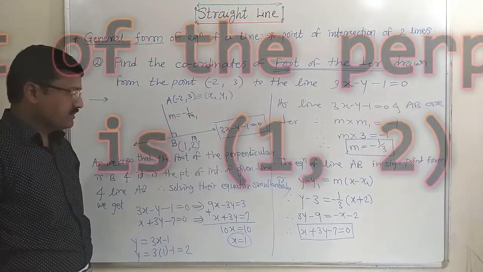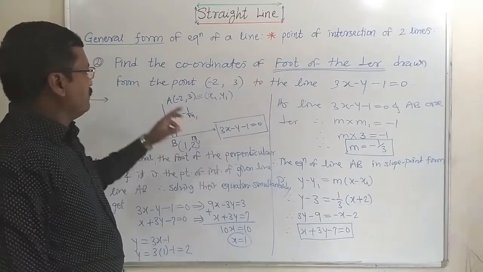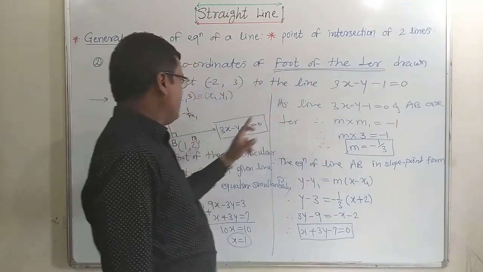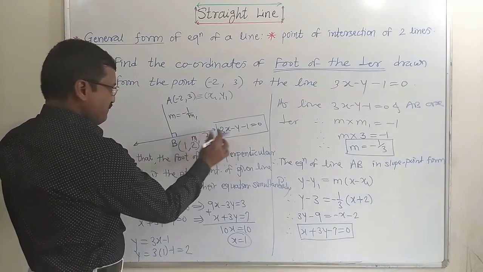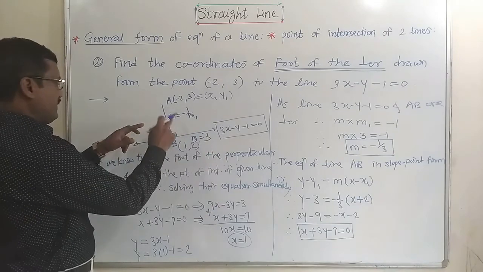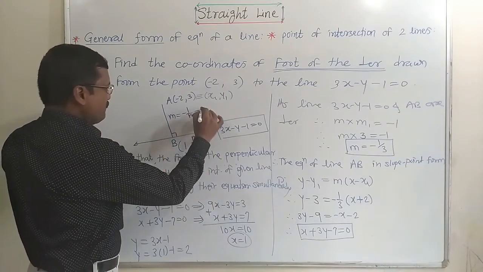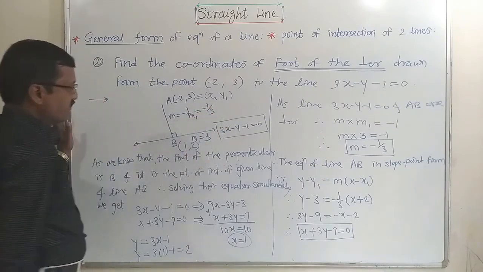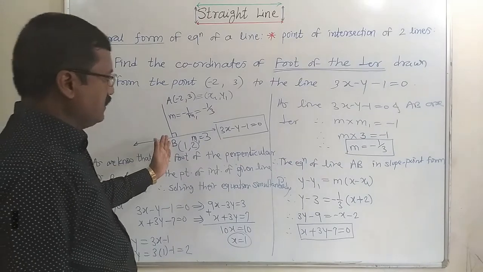Is it okay? So what we have done in this example, to find the foot of the perpendicular, is we initially found the slope of the given line. The slope of this line is 3, that is m1 equal to 3. From this slope we found the slope of line AB, which is perpendicular to this, and that slope will be minus 1/3. Now knowing the slope and this point, we found the equation of line AB.